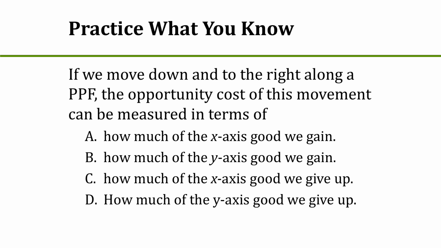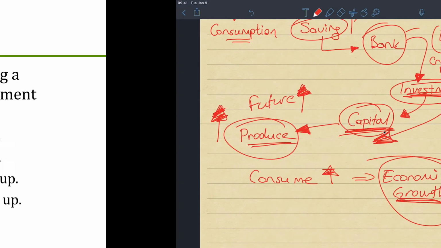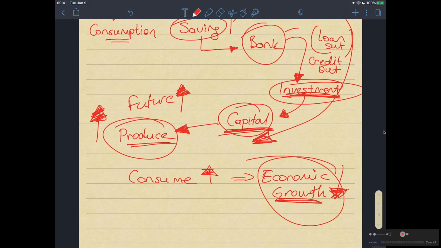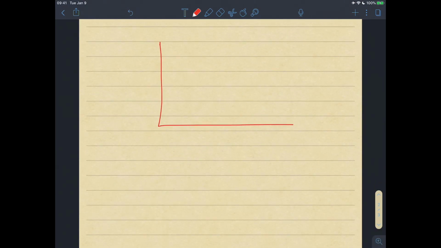If we move down and to the right along a PPF, the opportunity cost of this movement can be measured in terms of what good? So let me open our scratch paper and I'm going to draw one PPF, a bow-shaped one.